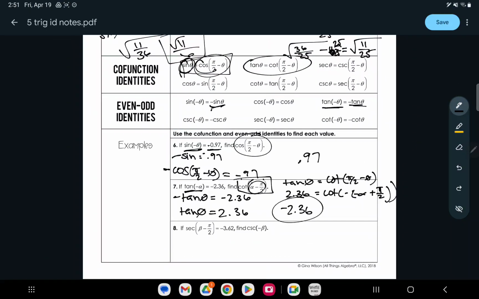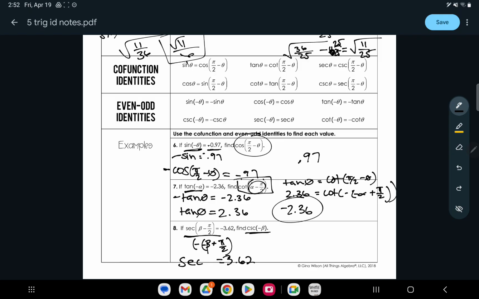All right, so secant of beta minus pi over 2. So again, that's one that is backwards. So if I pull out a negative, that way it's switched. So pulling out the negative will make that change. So now I have secant equals positive 3.62. Now I want cosecant.